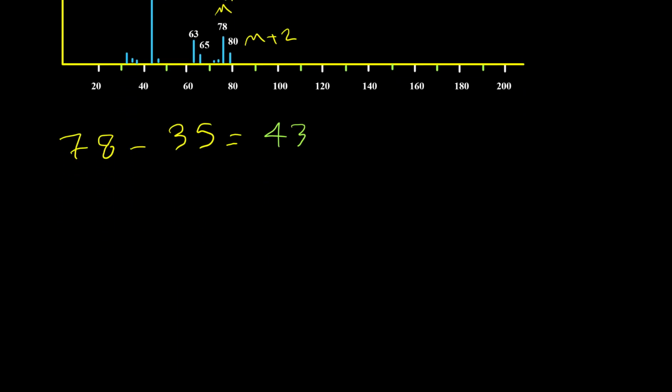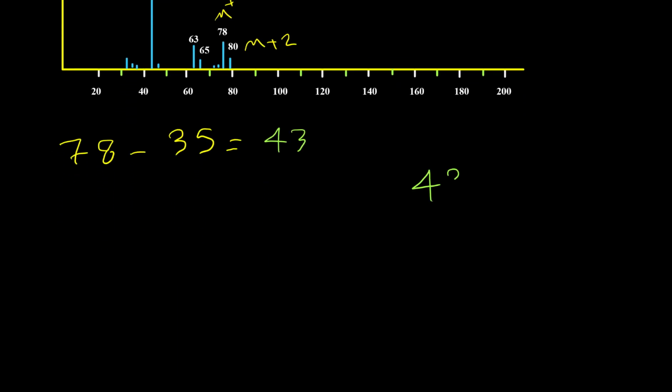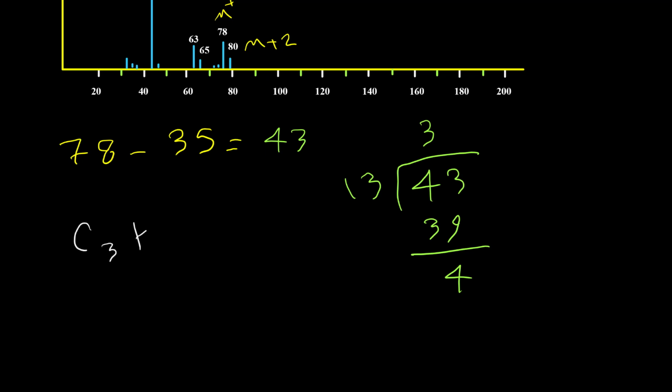Then if we divide 43 by 13, rule of 13, we get 3 for the quotient and the remainder is 4. So 3 for the quotient means we have C3H3, 4 extra hydrogen from the remainder, and of course we have one chlorine in our compound.